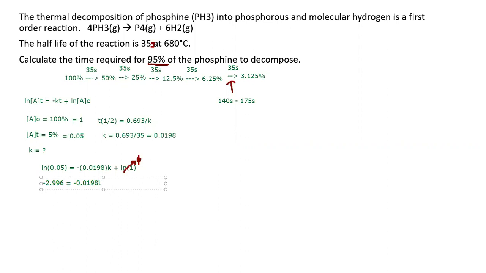Oh, it's t, sorry, we're looking for t here. Now we can solve for t. For time, it's always going to be positive, so your negative signs should cancel out. If they don't, that's an indication that you've done something wrong. And we get 151 seconds. Just like we predicted, it fell within the 140 to 175 range.